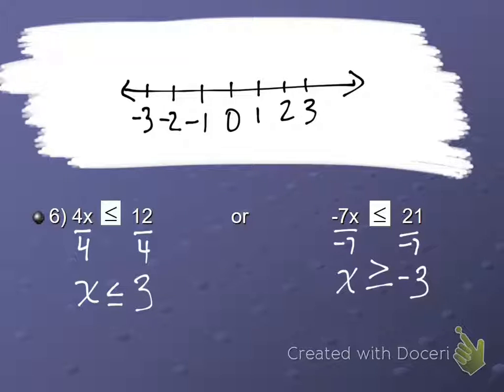I can just go ahead and graph them both. So, for x is less than or equal to 3, what kind of circle do I want? Closed circle at 3, shaded to the left, less than or equal to. That one's going to the left. So all the way down here.